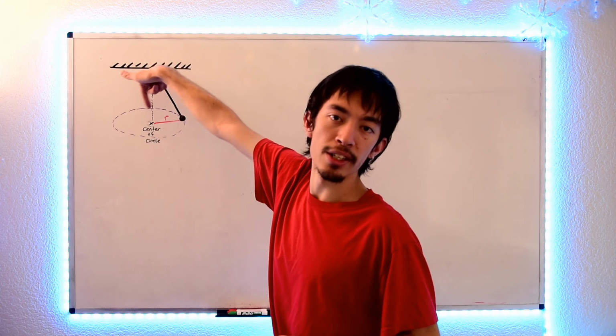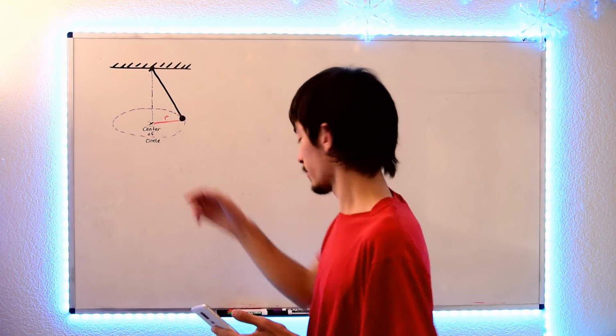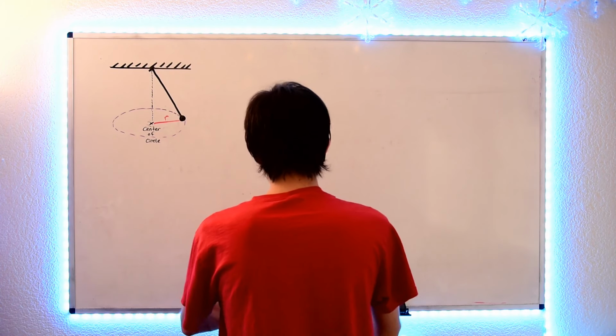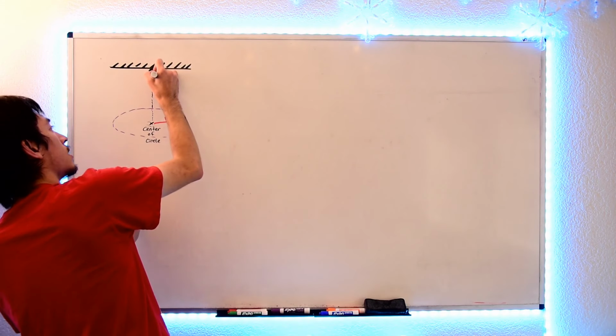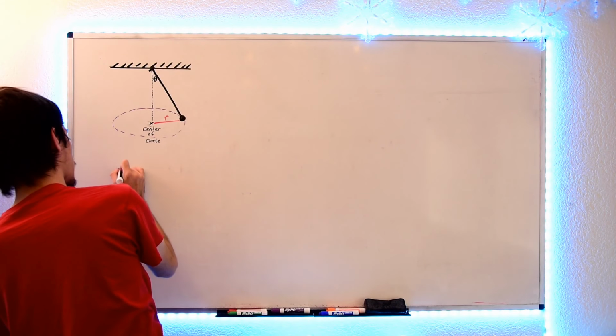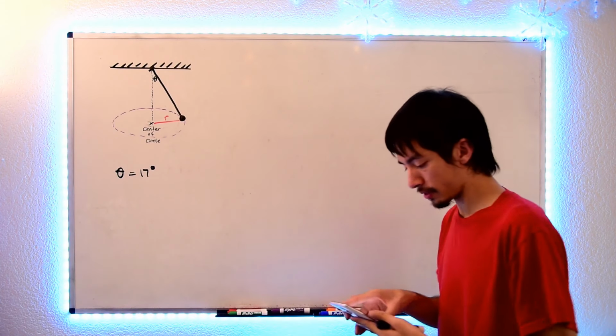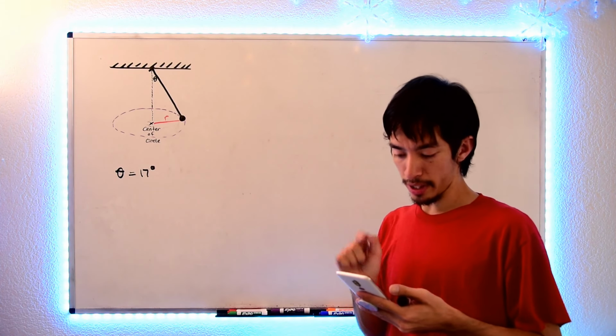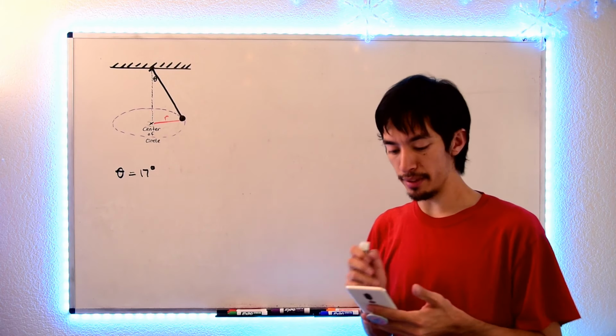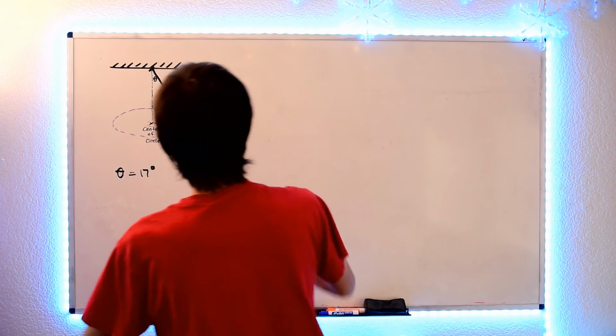That's our 17-degree angle in this particular problem. So I'll write in this angle theta in this triangle. Theta is 17 degrees. Now, the string has a length L. It's not given, so let's just call the string L.